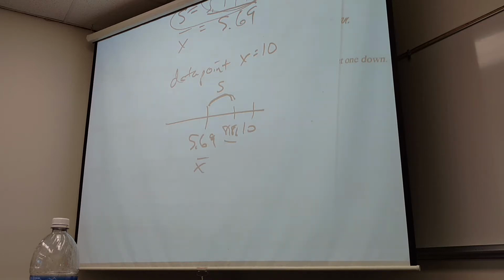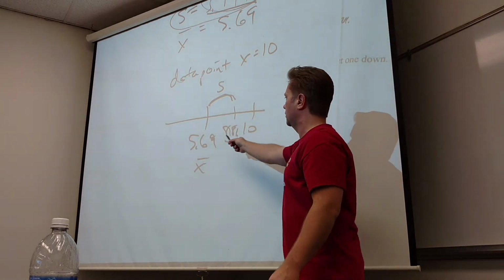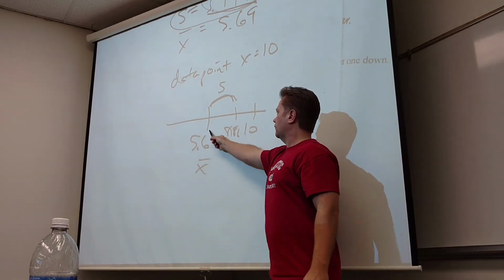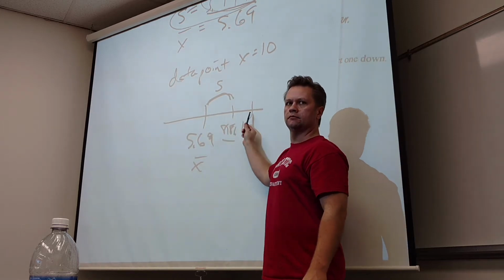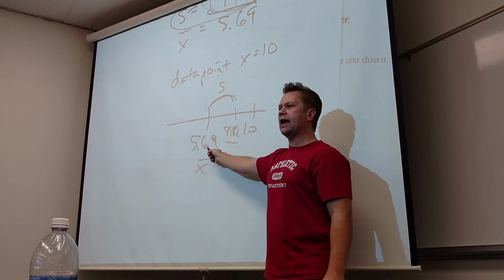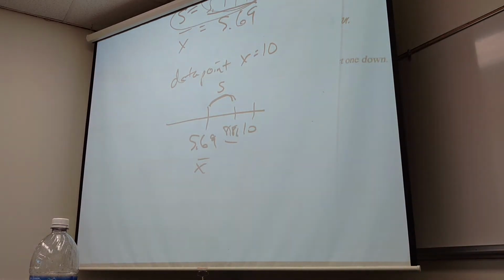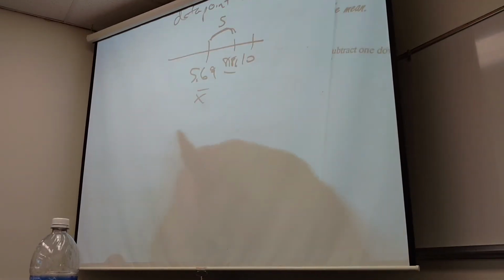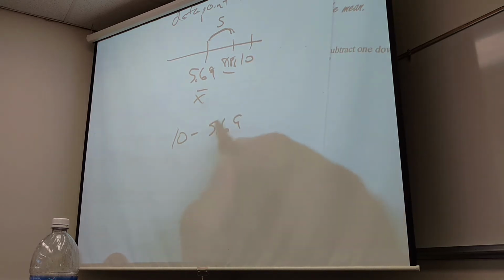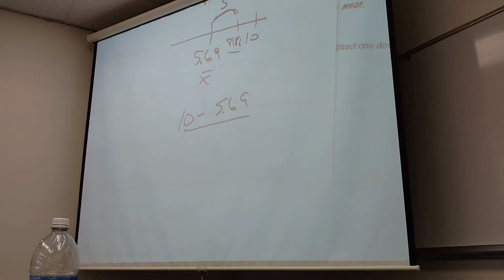So how do I figure out exactly how many standard deviations away it is? Exactly how many standard deviations away is 10 from this? Well, how far apart are they, period? You subtract 10 minus that, and you want to see how many standard deviations fit into that. It feels a lot like class width. You would take 10 minus 5.69 divided by how big each step is.